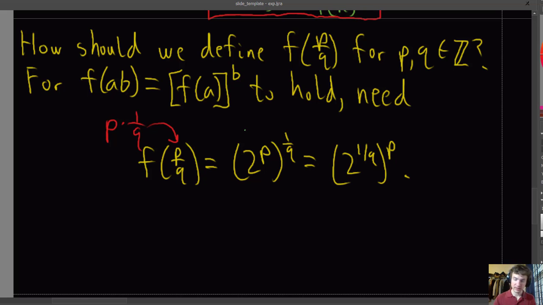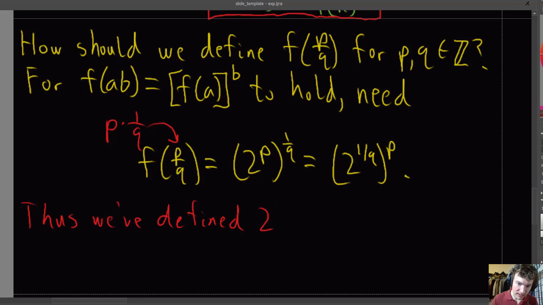Or I could flip a and b. Since multiplication is commutative, I could have done it in the opposite order, 2 to the power 1 over q raised to the p. Either of those is fine, and this is a rigorous definition assuming we know how to take qth roots, because some number raised to the power 1 over q is the qth root of that number. So thus we've defined 2 to the power x for any positive, negative, 0 integers or rationals.